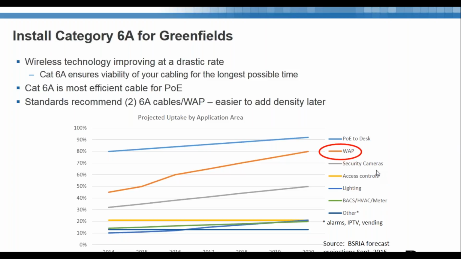If we look here, this is why I brought up PoE, this chart on the bottom here, wireless access points are the second most common use of PoE, and we expect that to continue over the next 3 years or so. It'll be skyrocketing there compared to the other applications. So just keep that in mind as you're making recommendations for wireless and PoE installations.